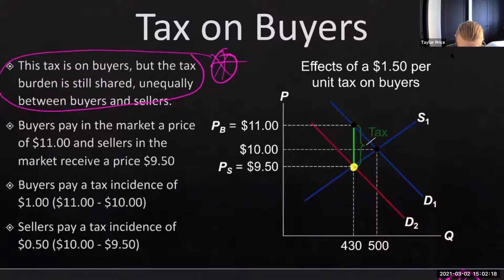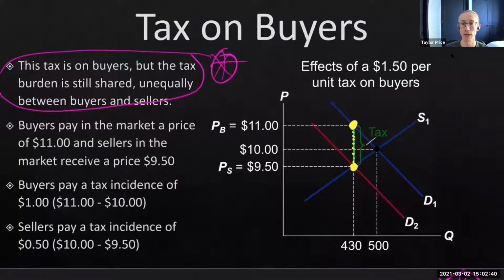So the difference between the new intersection point of the new demand curve and the old supply curve, when you go up and hit the old demand curve, that difference, this green line, has to be $1.50. Basically, it has to be the amount of the tax.